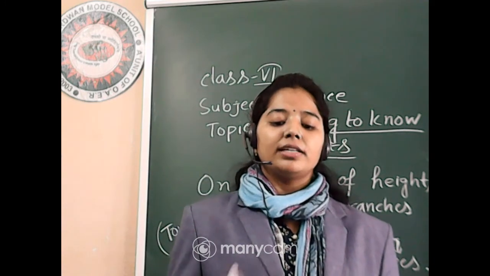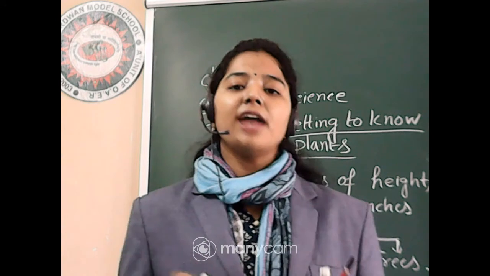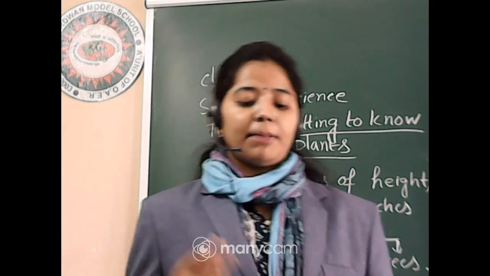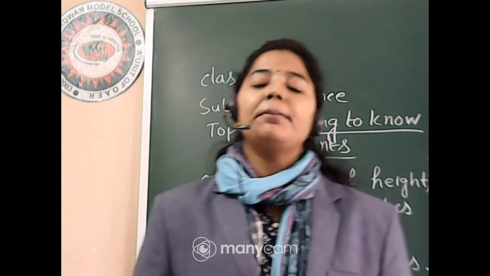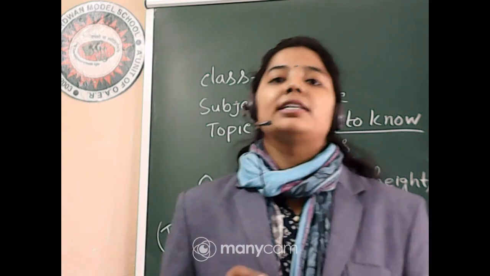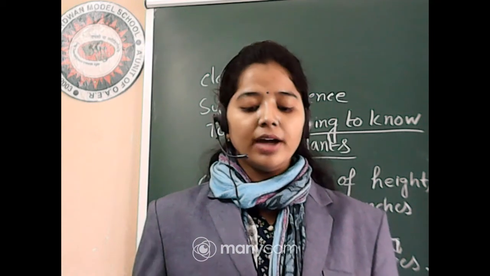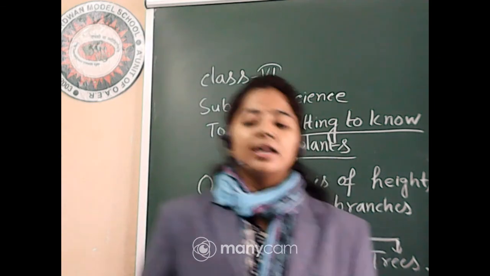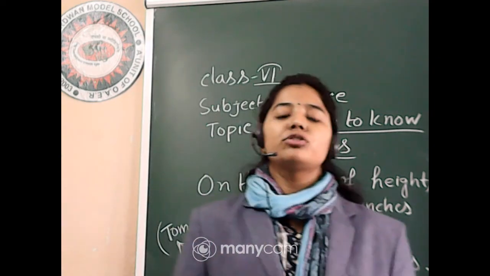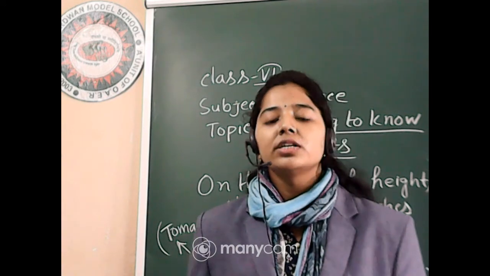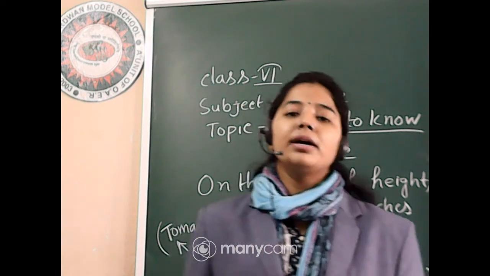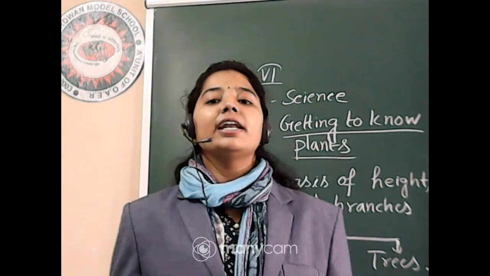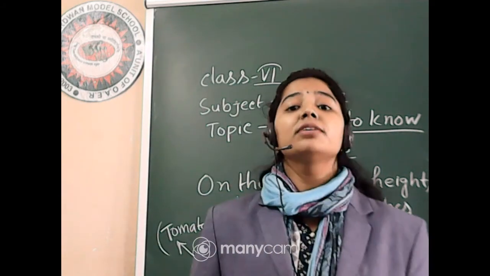So again, the main characteristics of shrubs: the plants develop branches near the base of the stem, and the stems are hard but not very thick. They are called shrubs. There are many examples of shrubs, such as rose, jasmine, lemon, tulsi, and henna.